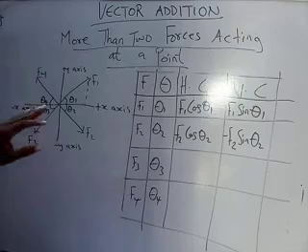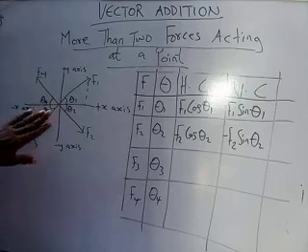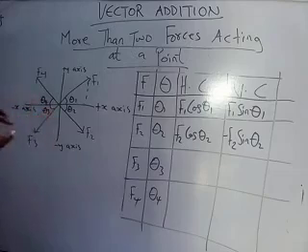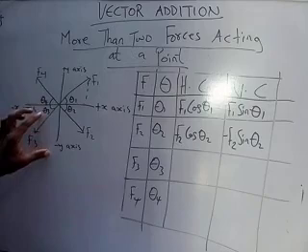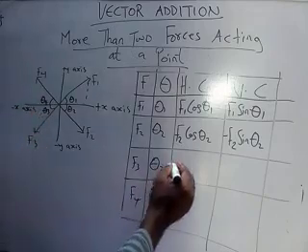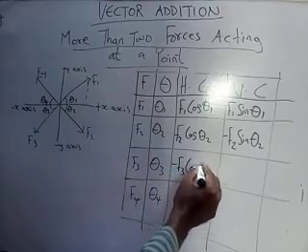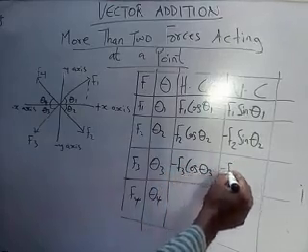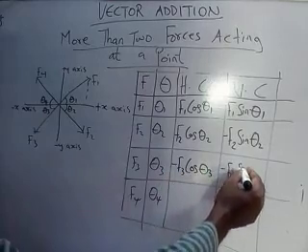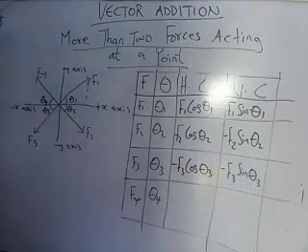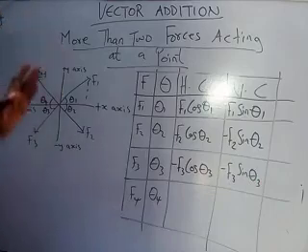Now on this side, both vertical and horizontal are negative, minus y and minus x. So here we have minus F3 cos theta 3 and minus F3 sine theta 3. In this direction, vertical is positive but horizontal is negative.